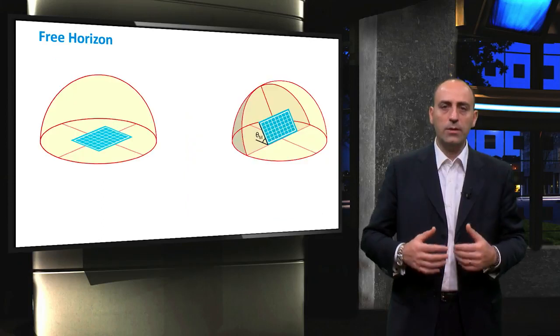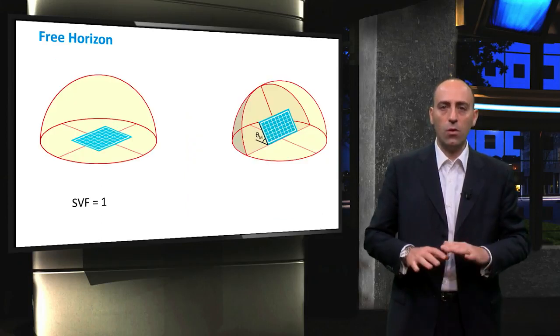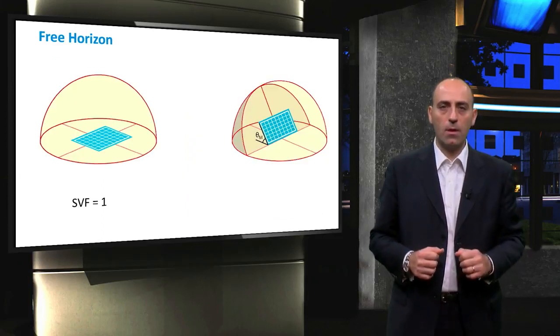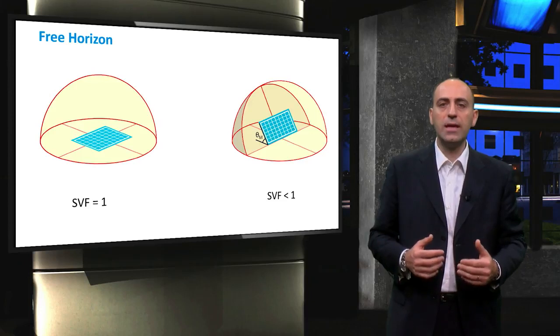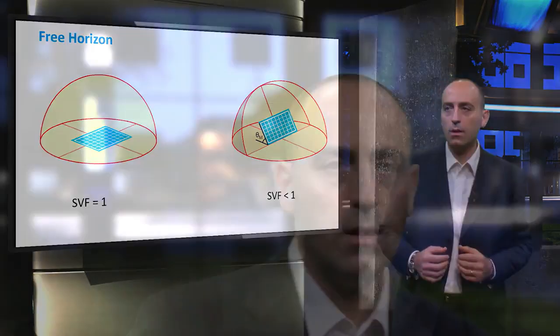For example, the SVF for a module placed horizontally is simply 1, while for a tilted module, the SVF decreases depending on its tilt angle, since the module sees a smaller fraction of the sky. This method is very useful to calculate the Skyview factor when the PV system is located in a free horizon condition. Let's now see how the Skyview factor is calculated when dealing with complex horizons.